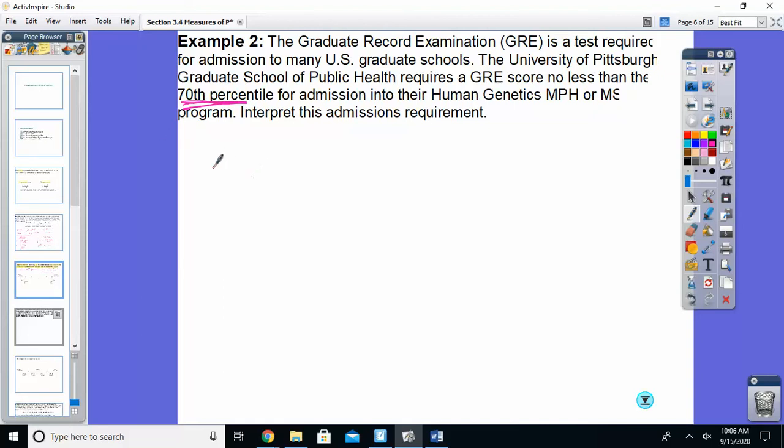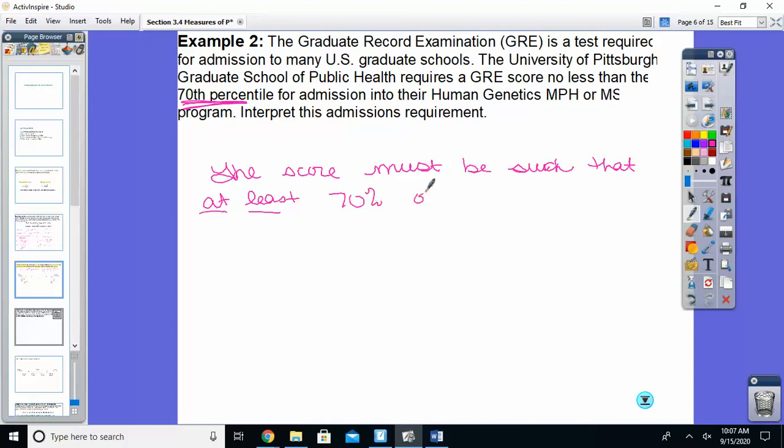So the 70th percentile is the score such that at least 70% of the scores are less than or equal to it.